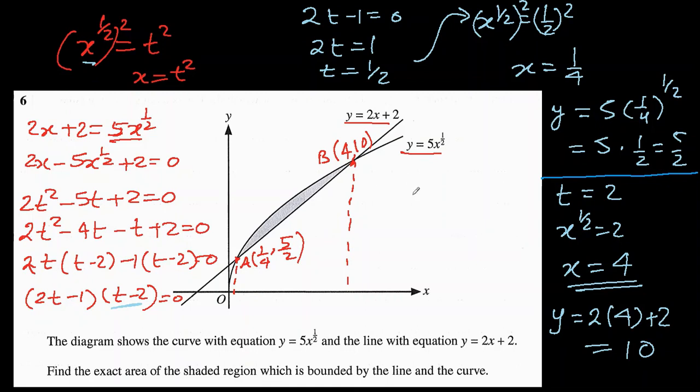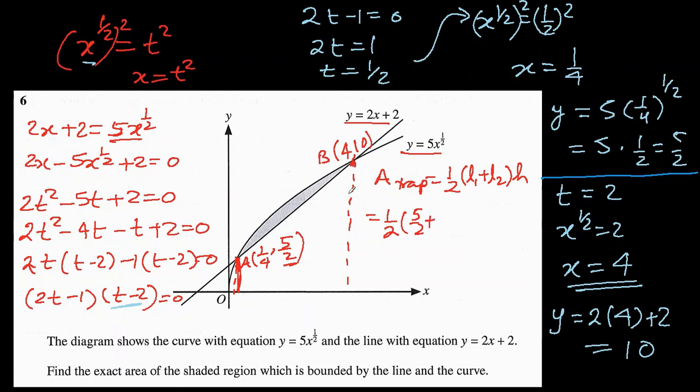Now we can find the area of the trapezium. Area of a trapezium is half times first parallel line plus second parallel line times height, correct? That's what we'll do here. Half, first parallel line is this shorter line, which is the y coordinate of point A. That's the length, 5 over 2.